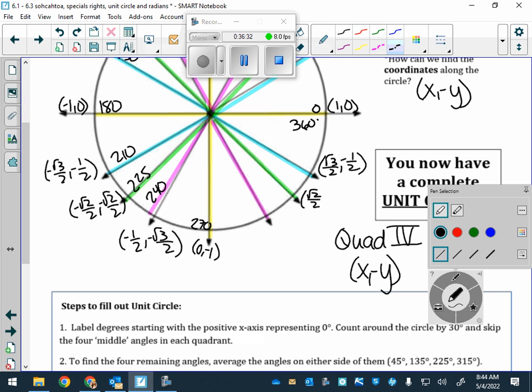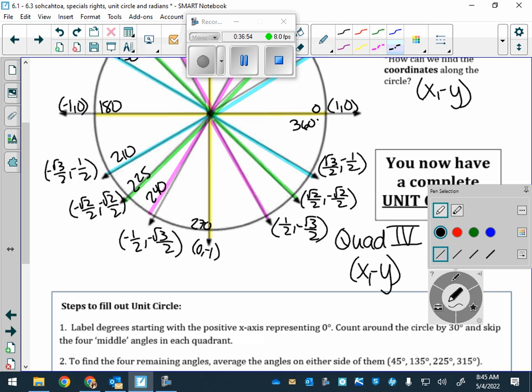Root 2 over 2 and negative root 2 over 2. 1/2 and negative root 3 over 2. There you go. Ladies and gents, you filled out the unit circle completely.